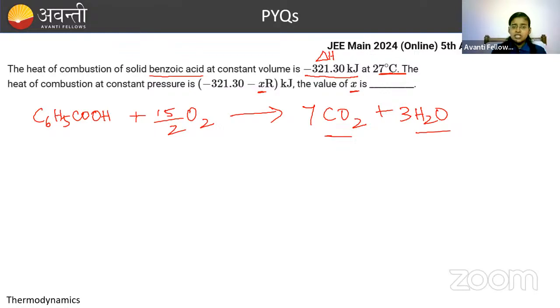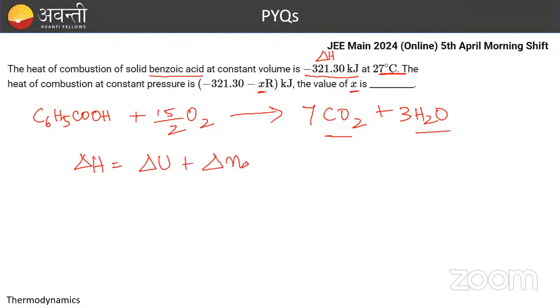The heat of combustion at constant pressure, delta H, is equal to delta U plus delta Ng RT.